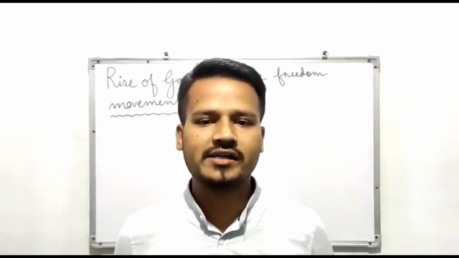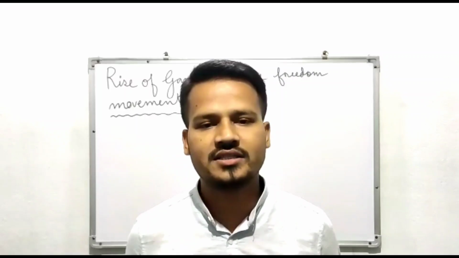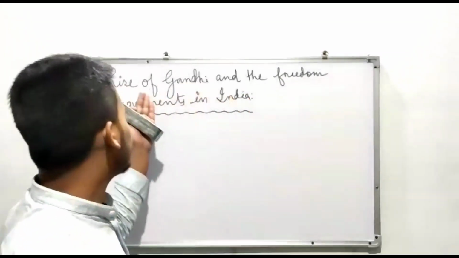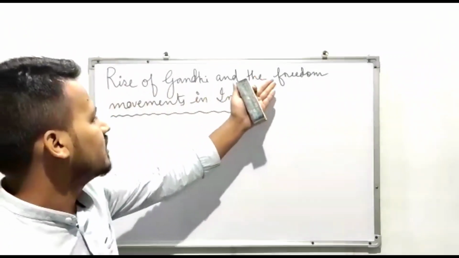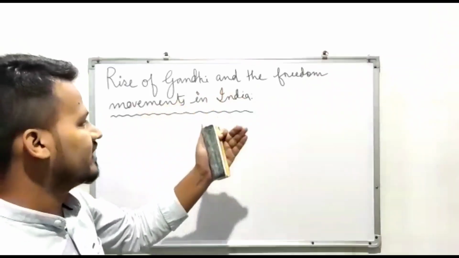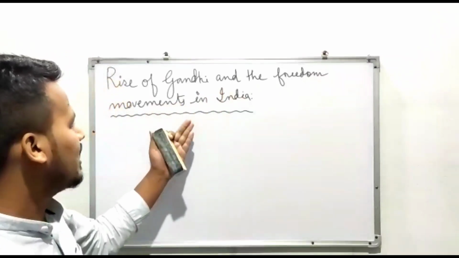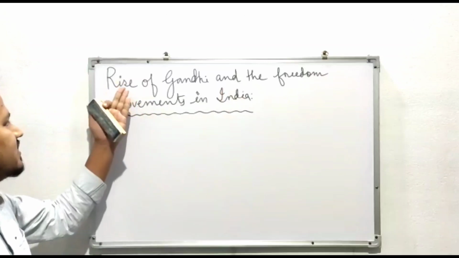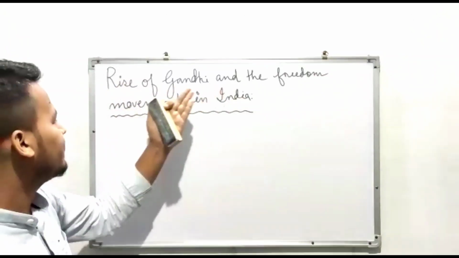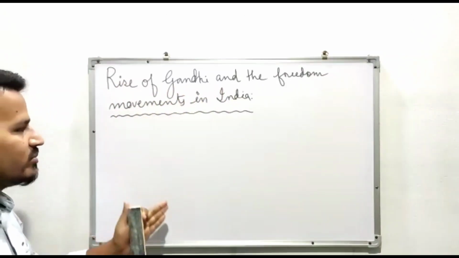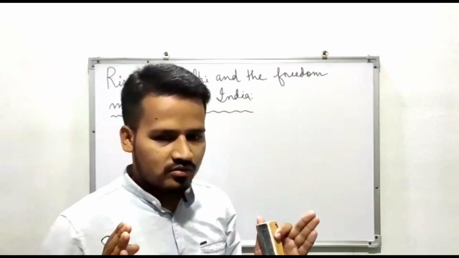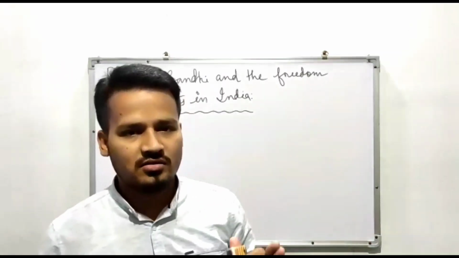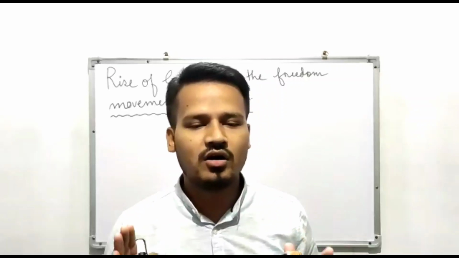Today we are going to learn the second chapter of history, that is the rise of Gandhi and the freedom movements in India. Before going to learn the second chapter, we must know what the main theme of this chapter is.